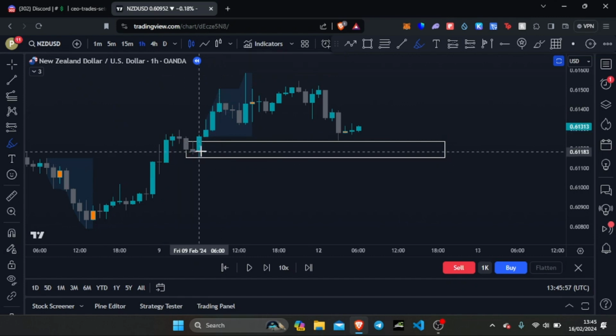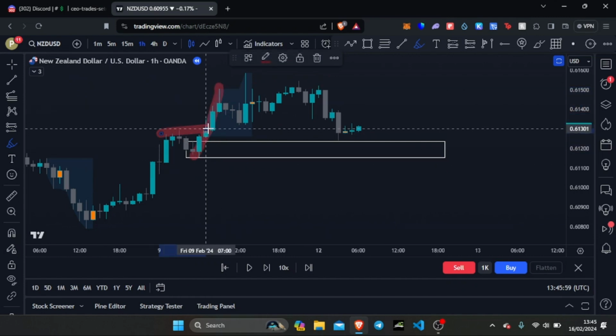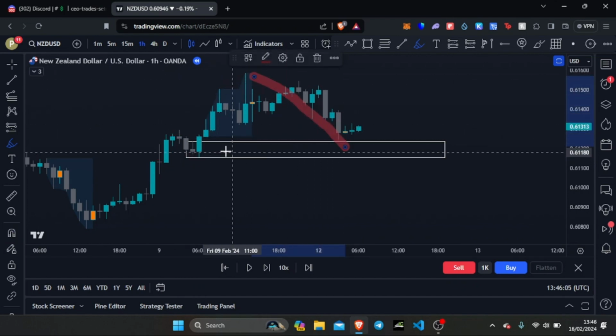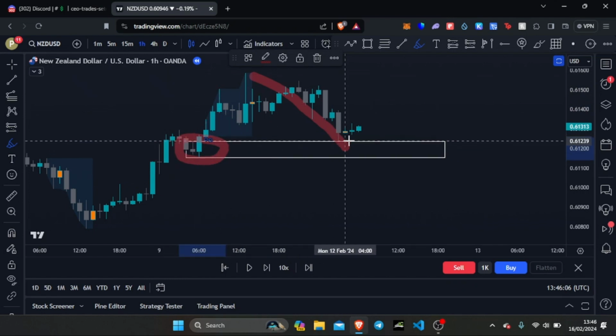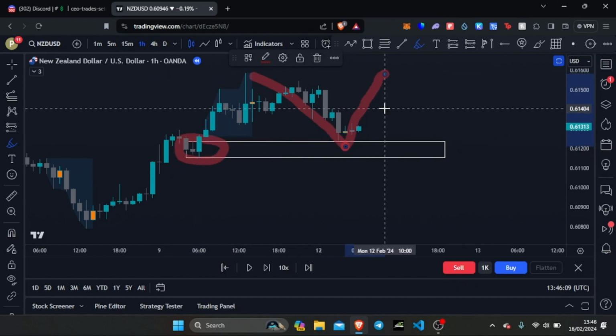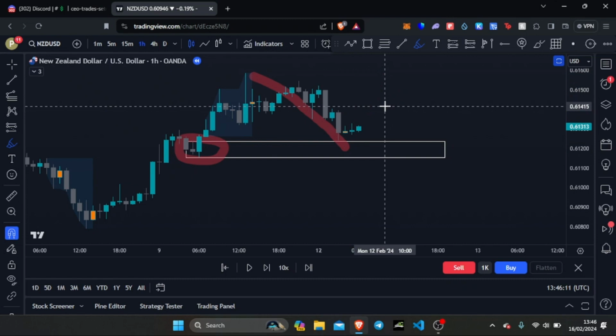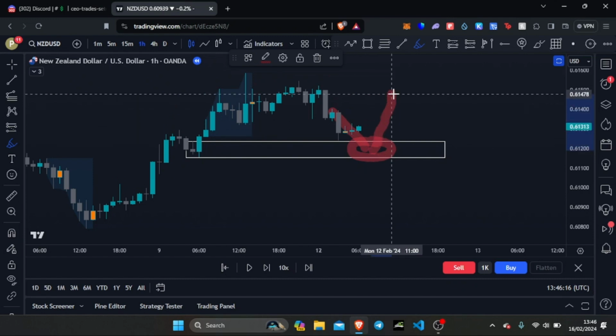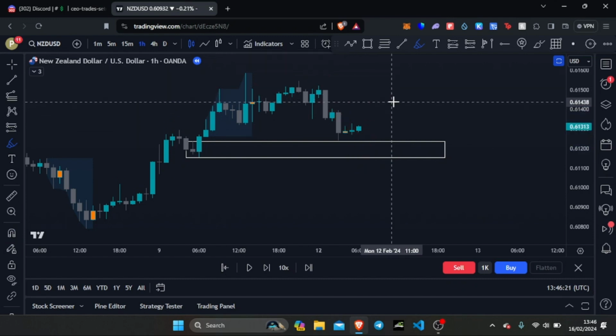What this means is that because price has broken structure and moved away from this consolidation, there is a high chance that price will return to this area, because the banks and institutions will need to close out their orders that are in relative drawdown. And this is where we look for an entry on the lower time frame so that we can capitalize on the reversal move out. That is the basic theory behind what an order block is.